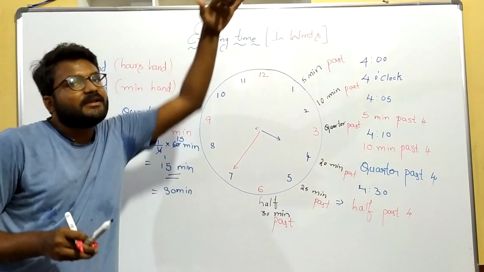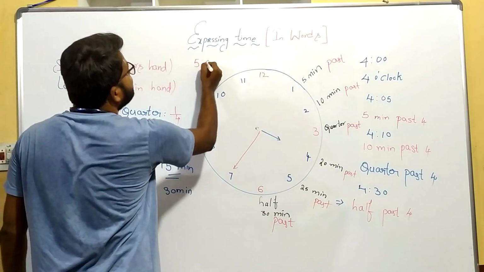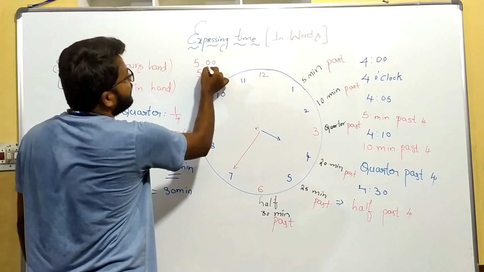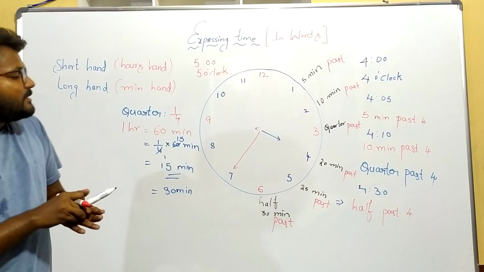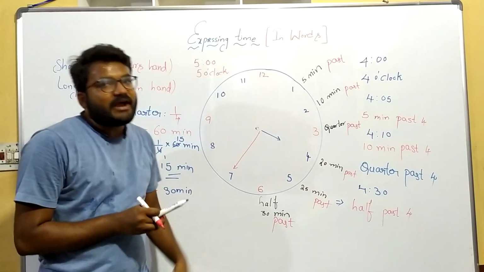So after 4, what will be the next hour? Very good. It is 5 o'clock, 5 a.m. or p.m. It is 5 o'clock.